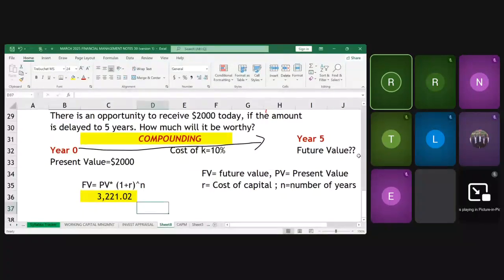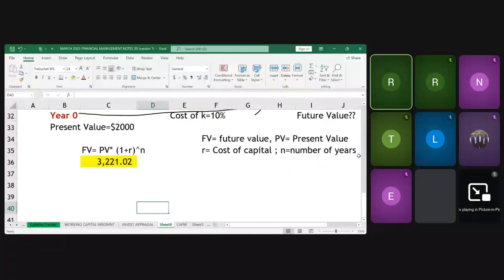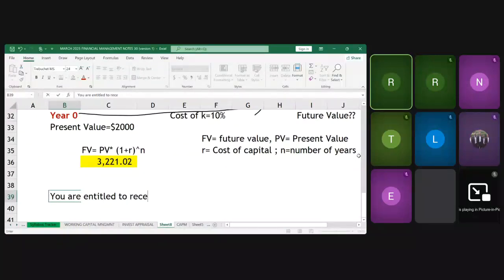So let us look at a situation now where someone is supposed to give us, you are entitled to receive, let's say, $10,000 after 6 years. So after 6 years, you are supposed to receive an amount of 10,000.